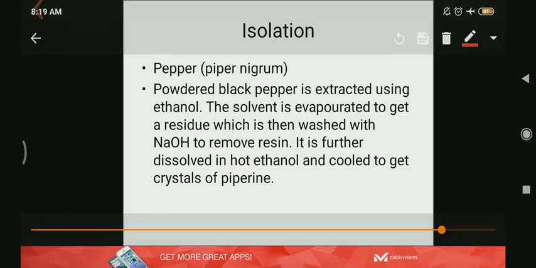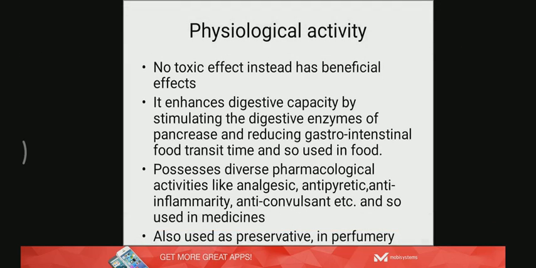And finally, physiological activity. There's no toxic effect. That's a very important point. Unlike the two alkaloids which we discussed, that is coniine as well as nicotine, this piperine has no toxic effect. Instead, it has beneficial effects. Many advantages.